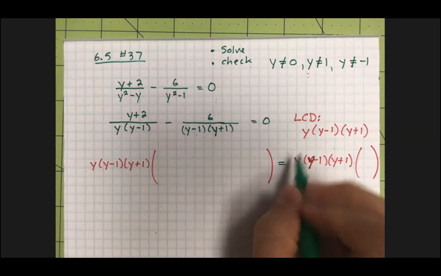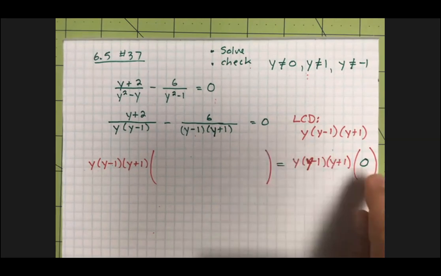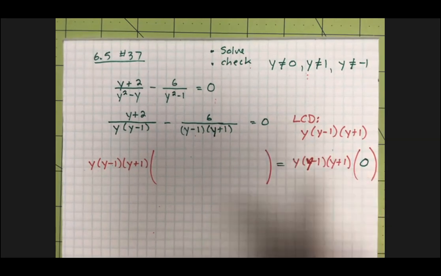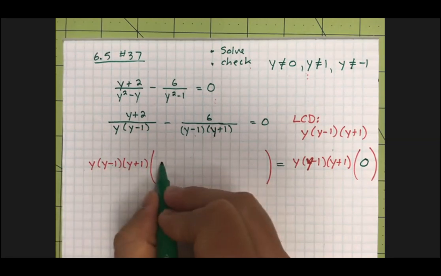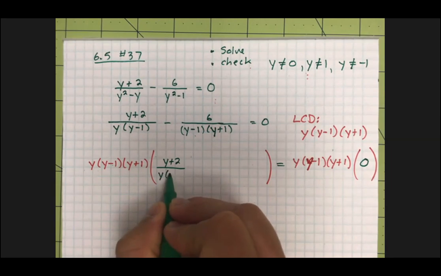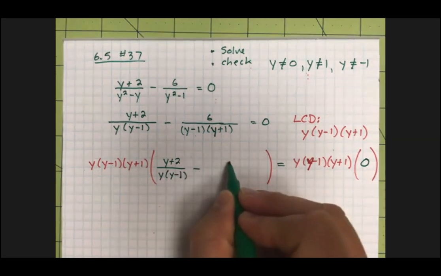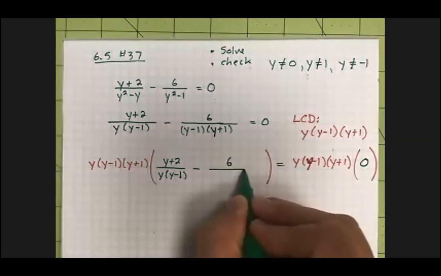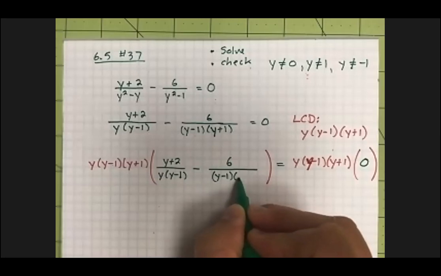But remember, the right side only had a 0 on it. So I was looking at that. What is in these 2 pieces here? y plus 2 over y minus 1. y minus 1 times y plus 1.